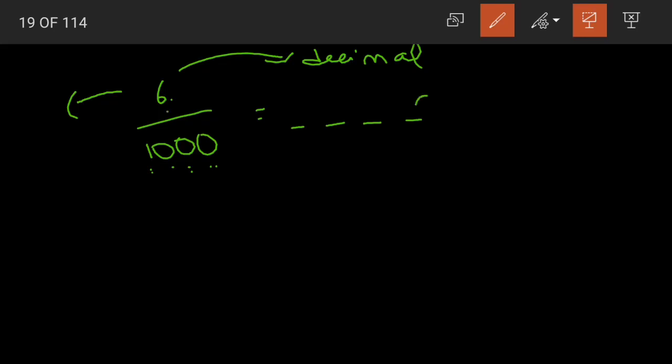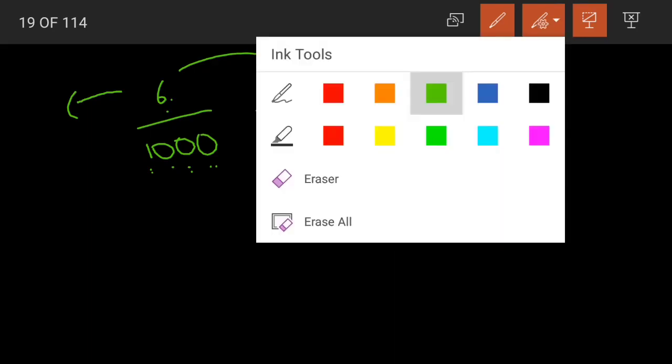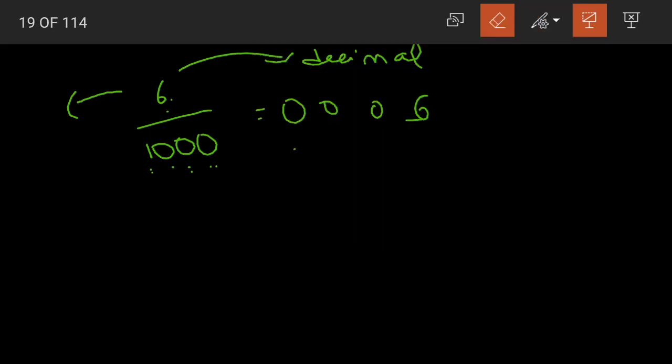First the numerator 6 we will write here, and the remaining places to the left side, always remember to write zeros to the left side of the whole number. So the remaining places on the left will be filled by our zeros. Now the next step is to count the number of zeros in our denominator, that is 1000.